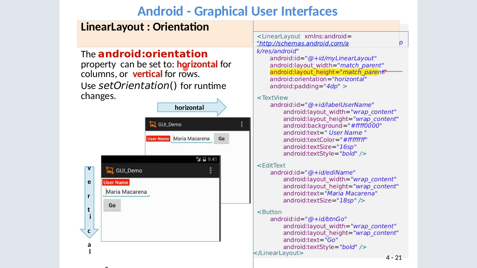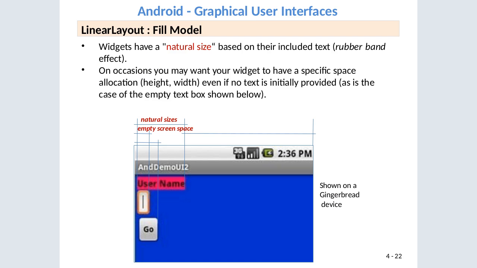The orientation can be set to horizontal for columns or vertical for rows. The linear layout can either be horizontal or vertical, depending on how you want the components to be arranged. Then the field model.